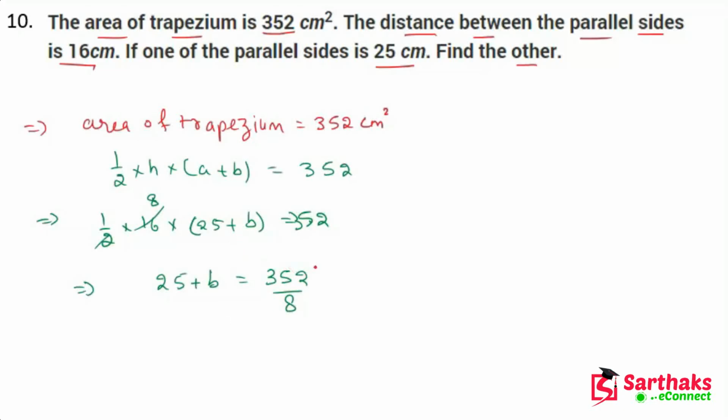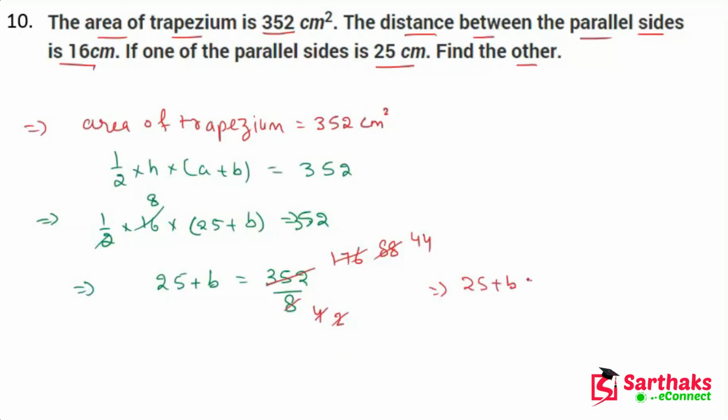We can divide 352 by 2 to get 176, and 8 by 2 to get 4. Again we can divide 176 by 2 to get 88, and 4 by 2 to get 2, and we can divide 88 by 2 to get 44.